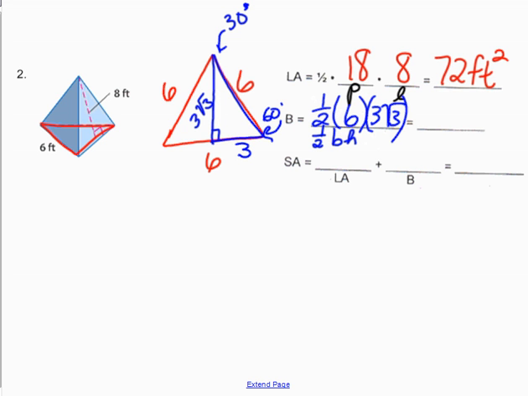When I multiply that all out, I get 15.6 feet squared. So now all I have to do is add these numbers together, and I end up with 87.6 feet squared.